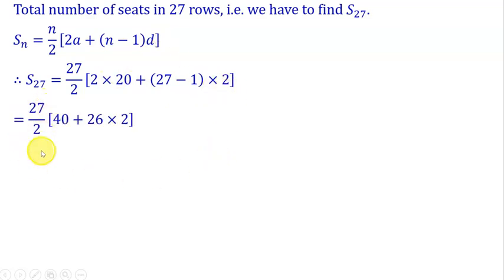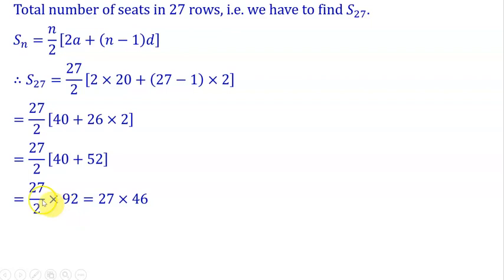Okay. 27 upon 2. 2 into 20, that is you will get here 40. 26 येणार इथे. 27 minus 1, you will get 26 into 2. आणि ते सिम्प्लिफाय करणार. 26 into 2, you will get 52. 52 plus 40, you will get 92. 27 upon 2 into 92. 92 upon 2, you will get 46. आणि पुढे finally 27 into 46, you will get S27 is equal to 1242.